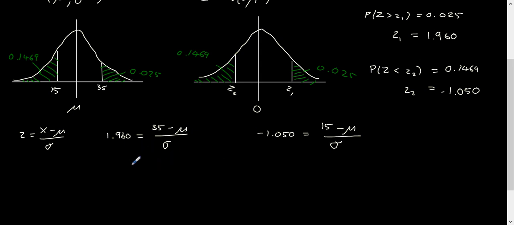So one thing we can do is we can make them both equal to mu. So mu is going to be this times this. So we've got 35 minus 1.960 sigma. And for this equation, we're going to have mu equals 15 plus 1.050 sigma. And it's plus because we're subtracting the negative.